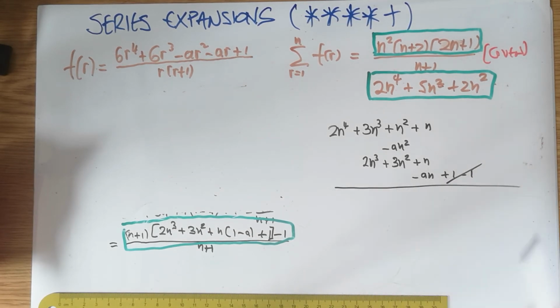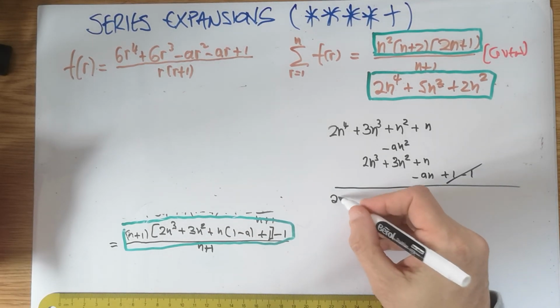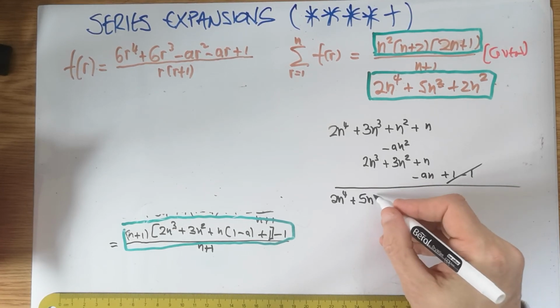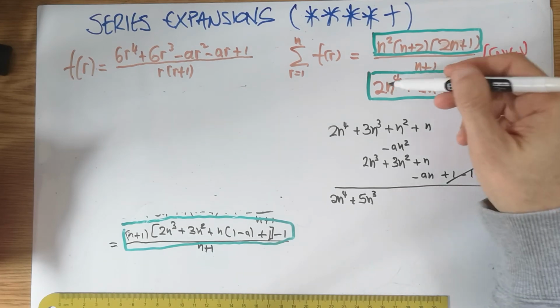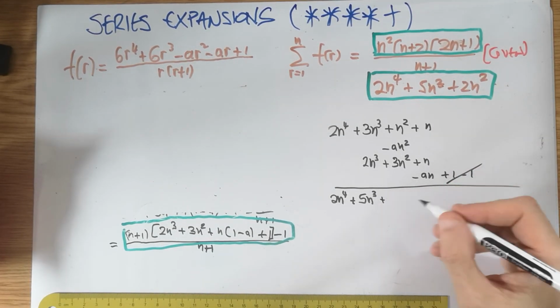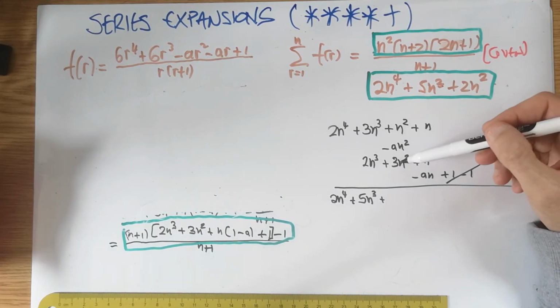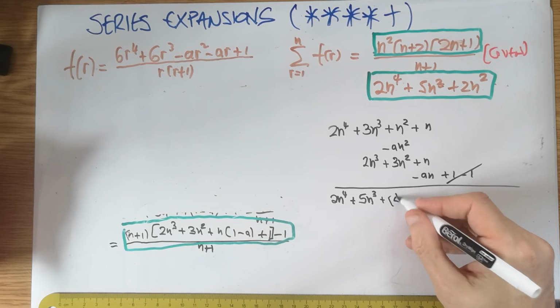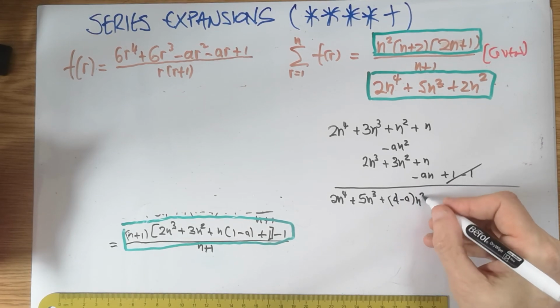So what have we got so far? We got 2n to the 4, which gives us no real information about the a, but at least it's telling us we're in good shape because we have got these 2 terms correct up there. So we need to see now how many n squareds we have in there. We have 3 plus 1, 4, minus a, 4 minus a, n squared.